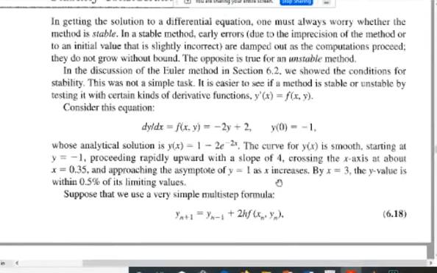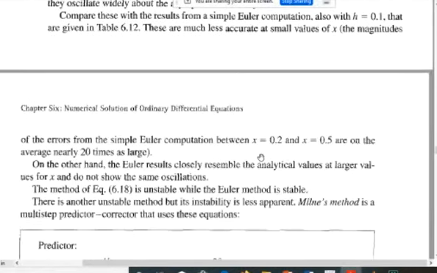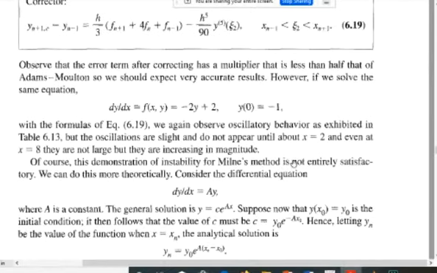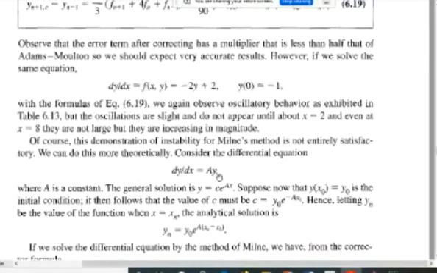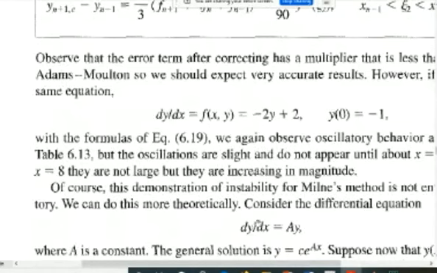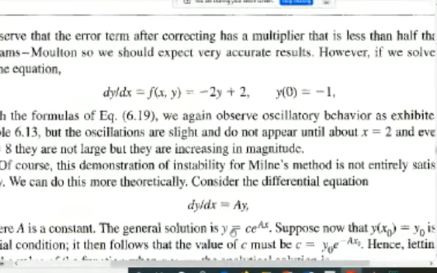You can simply apply these algorithms on a computer. Let me talk about the issue of stability and instability. We have a differential equation, for example y prime, or dy/dx, equals ay, where a is a constant.